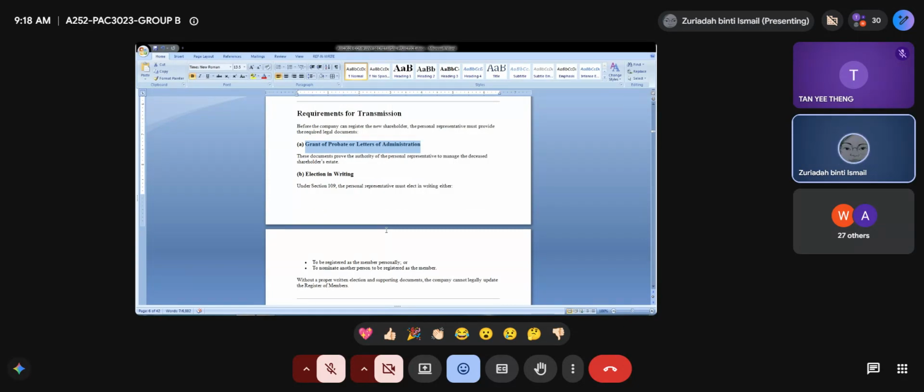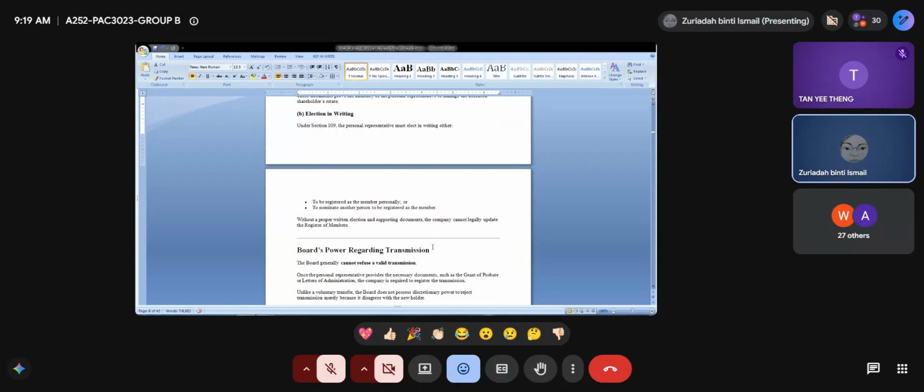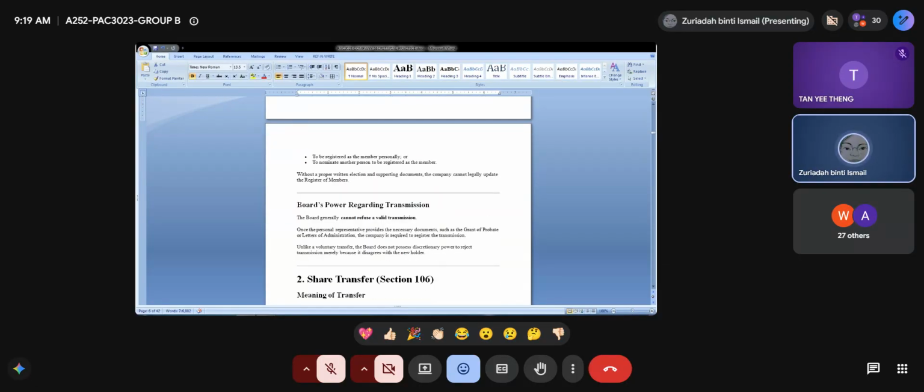Without proper writing and supporting legal documents, the company has no right to update the name in the statutory book. What are the board's powers? The board cannot refuse when there is a valid transmission.